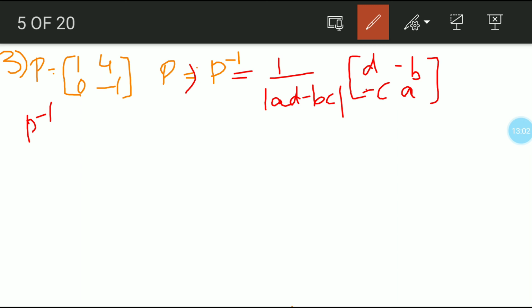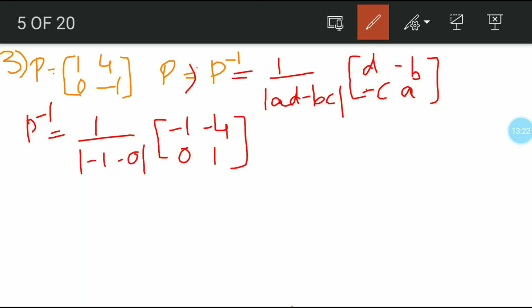So this is the formula. Now P inverse we write: 1 by AD, which is minus 1, and BC is 0, then minus 1, minus 4, 0, 1.